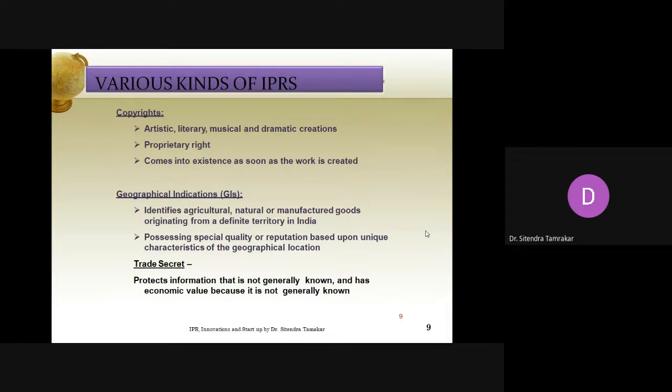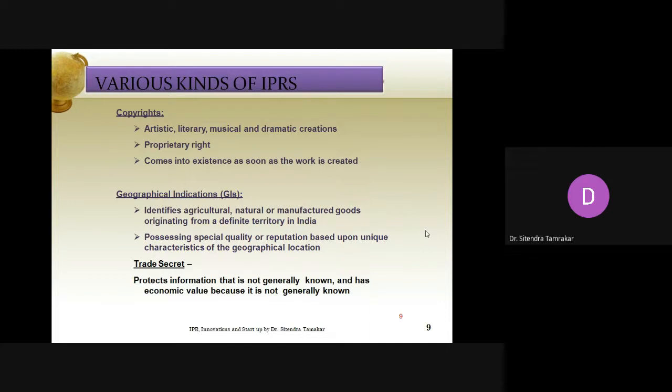The next category is the GI, also called geographical indications. This category is very interesting. It identifies or indicates certain natural or manufactured goods which originate from a specific territory in India, like the Kolhapuri chappals, Mathura's peda, Agra's petha, Tirupati laddu, or the Rasgulla from Bengal.